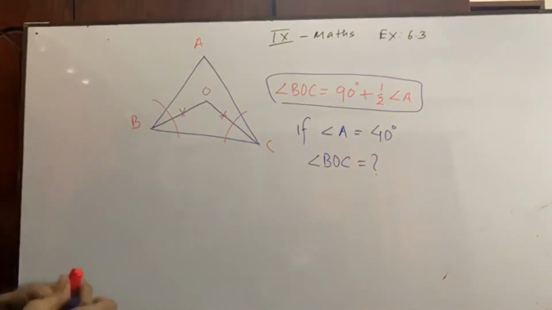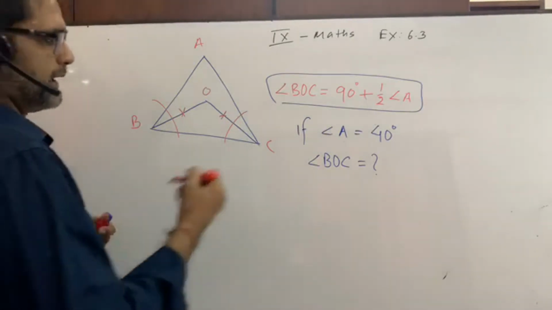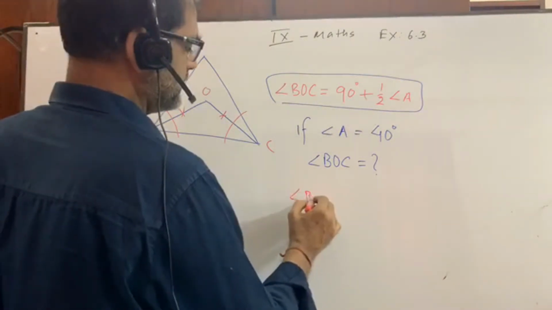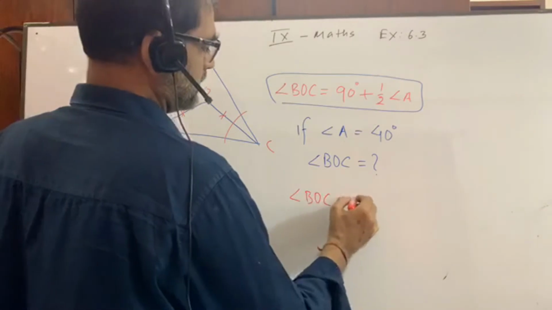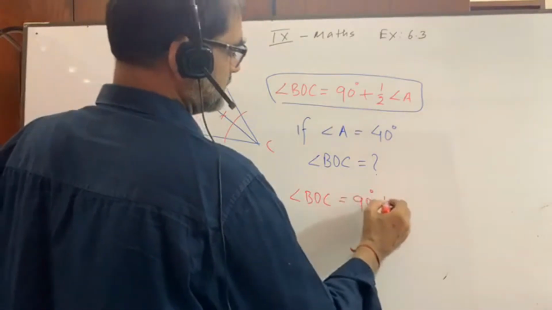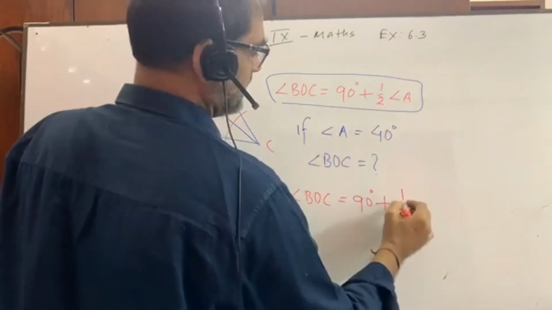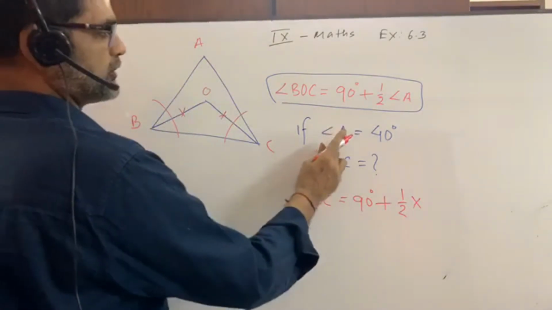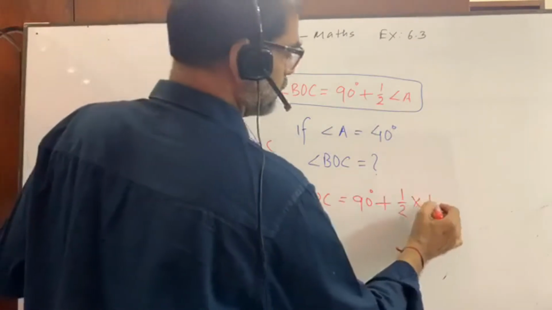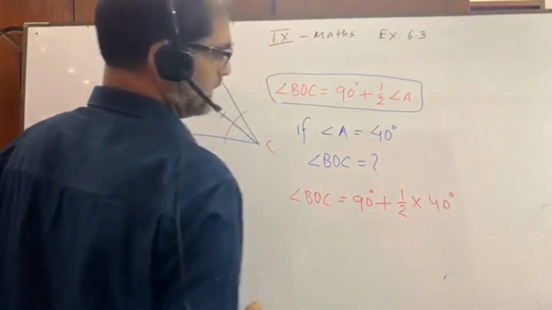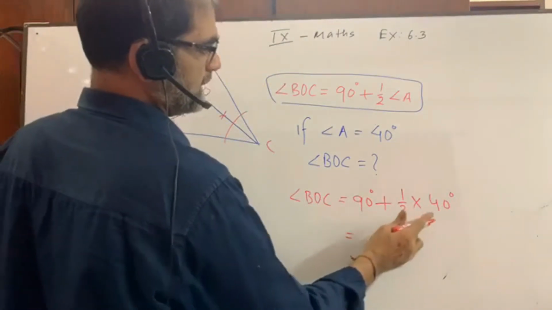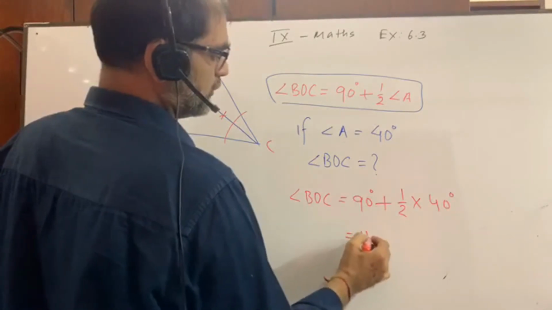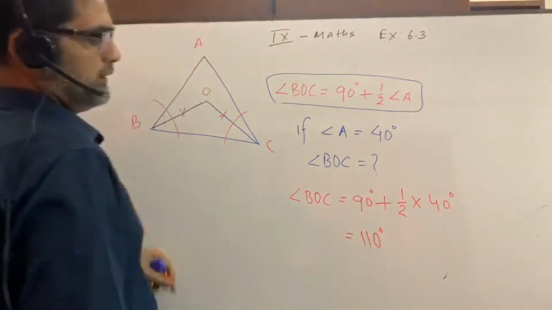Now it is very easy for you to determine angle BOC. Angle BOC equals 90 degrees plus half of angle A. Angle A is 40 degrees, so we can calculate 20 plus 90 equals 110 degrees.